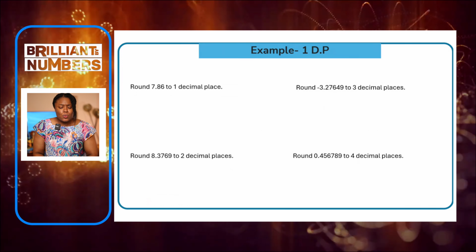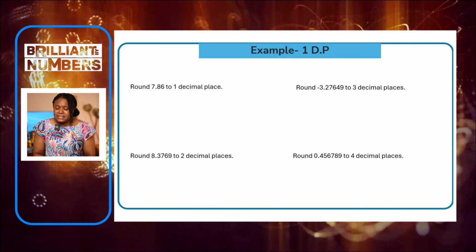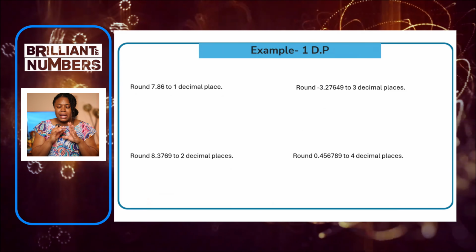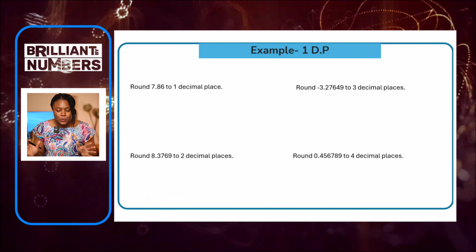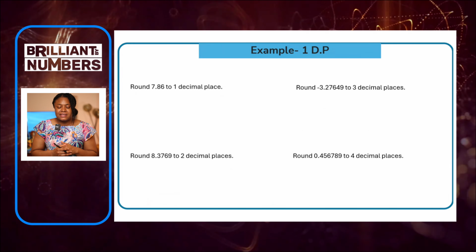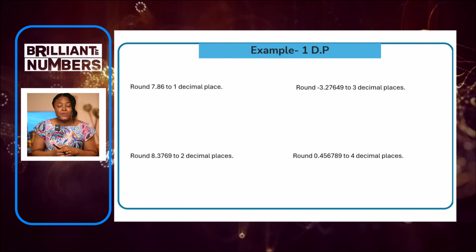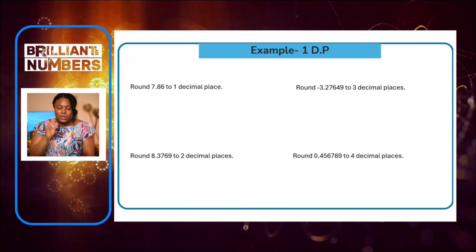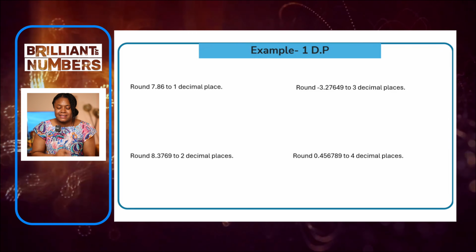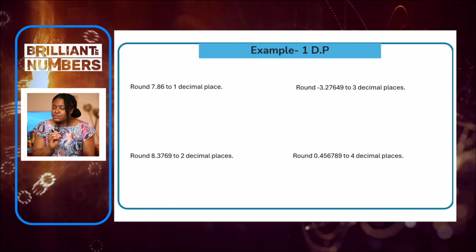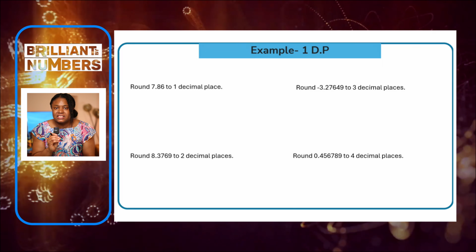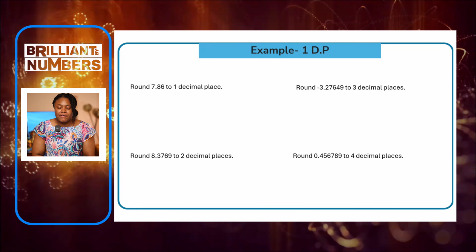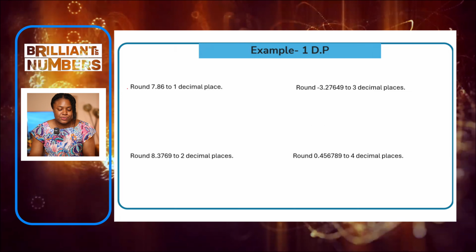So here we're asked to round to a given degree of accuracy. Here I had 1 decimal place, but I'm just going to look at 1, 2, 3, and 4. So we're asked in the first example to round 7.86 to 1 decimal place. So specifically here, 1 decimal place. We first of all need to identify the digit that is in that first decimal place after the decimal point to the right.